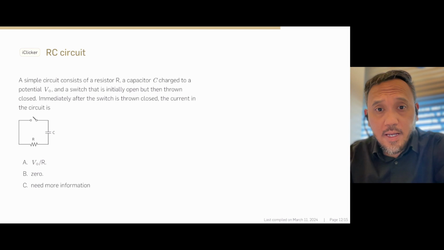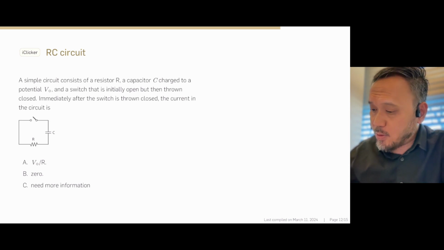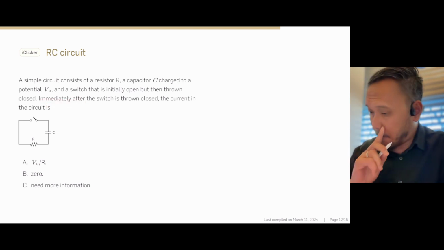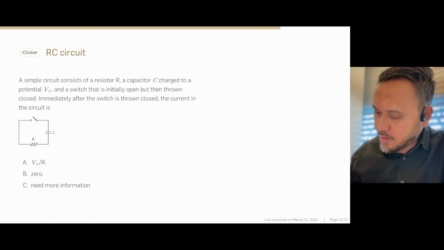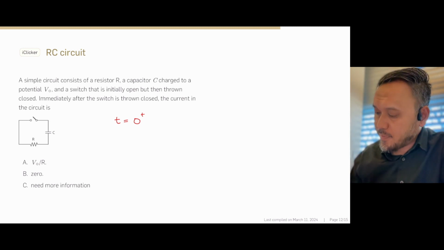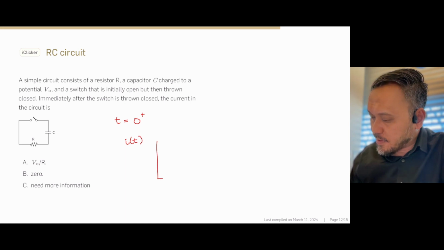One thing that I forgot to emphasize is that the current that was asked is at t equal to 0, so immediately after. Sometimes in physics we call it t equal to 0 plus, immediately after 0 seconds. But the current as a function of time will decay.